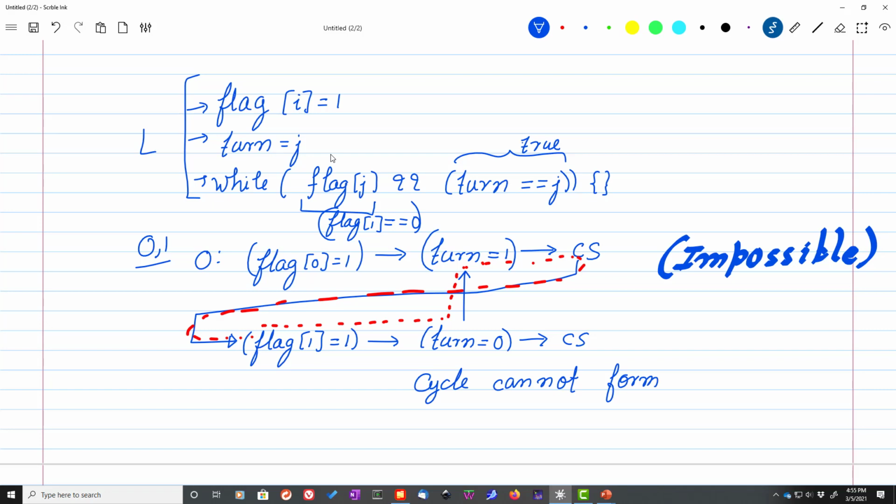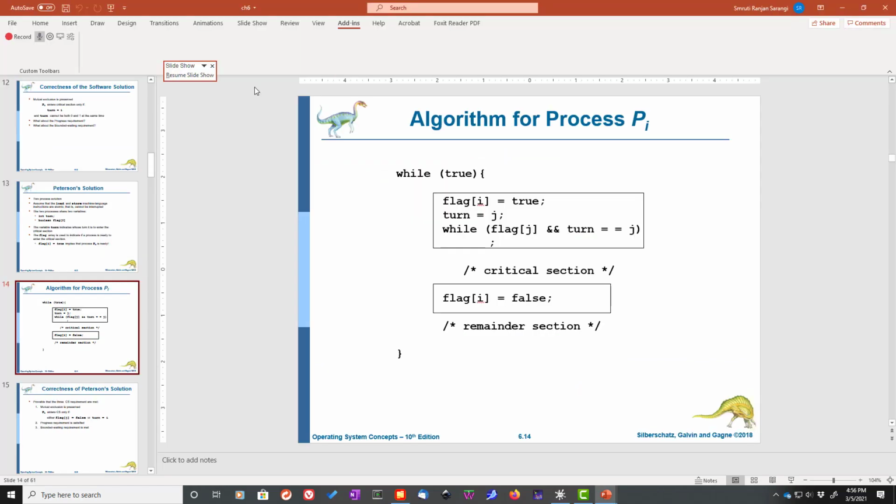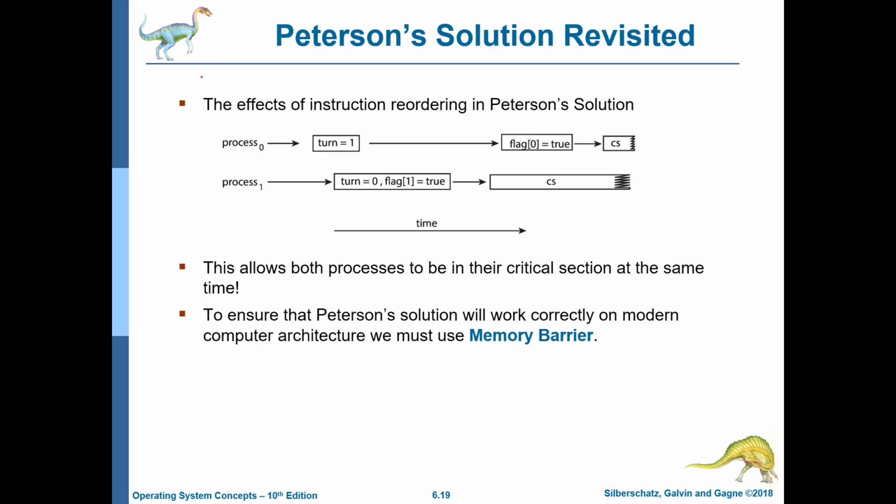So our proof relied on the fact that first we set flag, then turn, then we enter the CS, and this is done for both the threads. But if this ordering doesn't hold, in the sense that the compiler or the processor reorders these instructions, then of course the algorithm will be violated. Peterson's lock algorithm will get violated, and that's the reason this will not work.